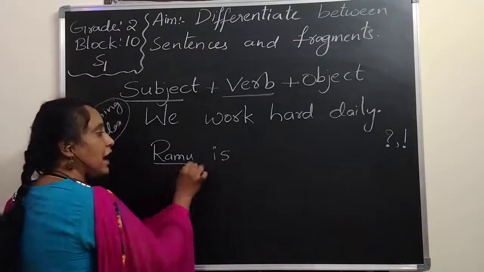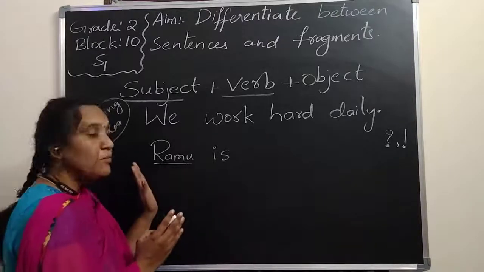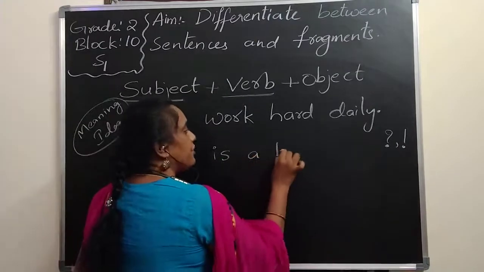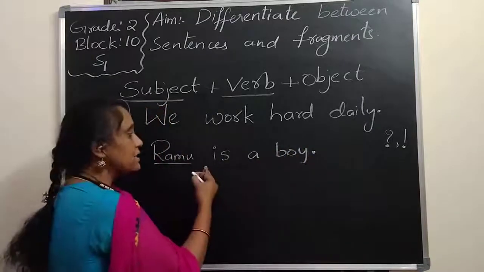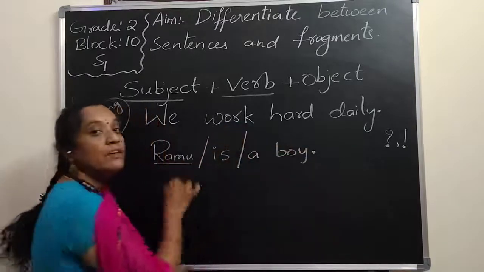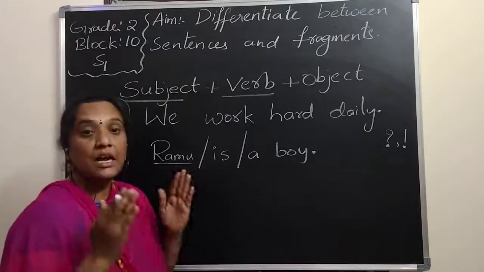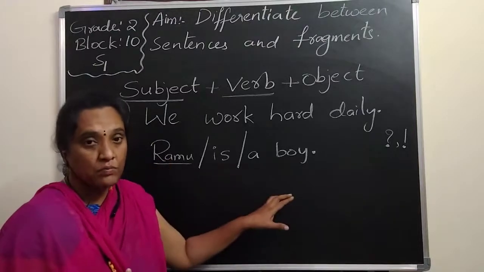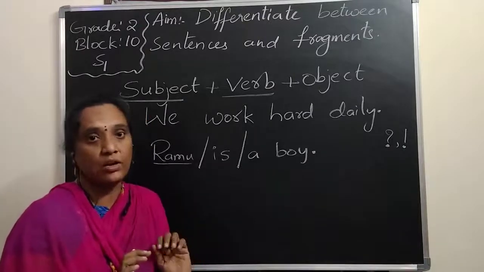So Ramu is is a fragment, a part of a sentence. Fragments means parts. If I say a boy, then totally Ramu is a boy, the fragments make a meaningful sentence. While writing a sentence, remember it must contain a subject, a verb and an object with a meaningful sentence. Then we can say it is a sentence. Otherwise we call it a fragment.